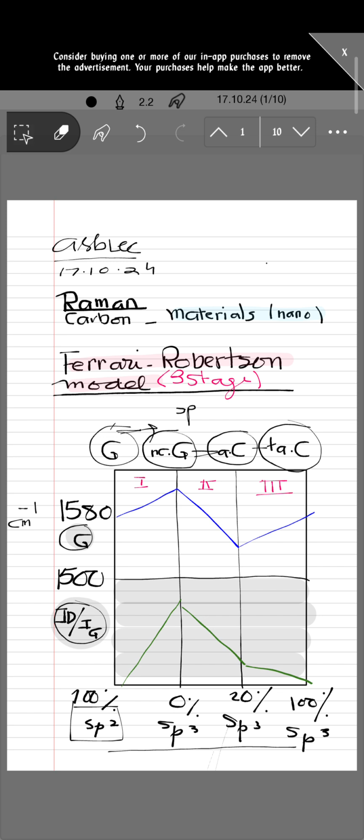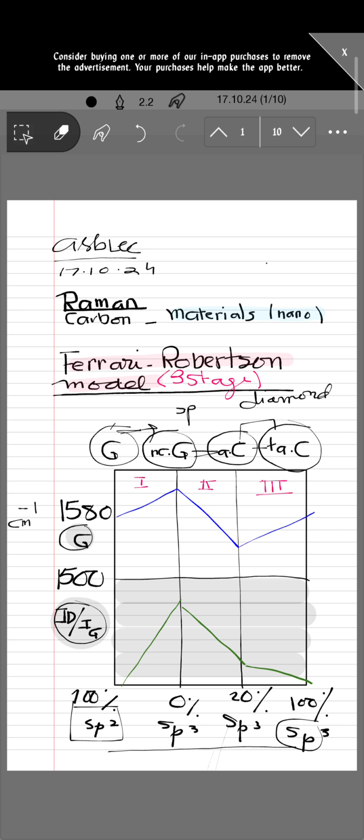As the percentage of sp3 hybridization increases from amorphous carbon, the structure changes to tetrahedral amorphous carbon, that is, towards the diamond structure.